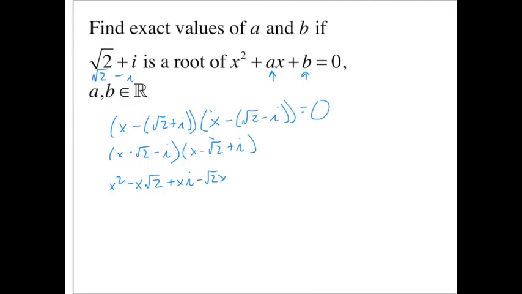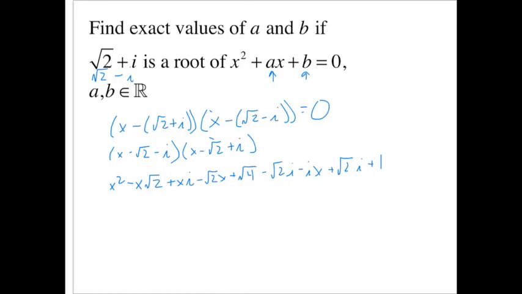Negative root 2 times negative root 2 would be positive root 4. Negative root 2 times i would be negative root 2i. And then on to the negative i. So I'll have a negative ix. I'll have a positive root 2i. And then I'll have a negative i squared, which will be plus 1 because i squared is negative 1.